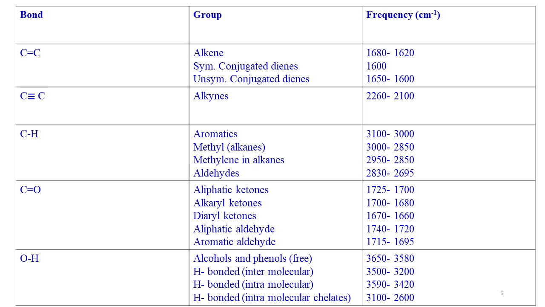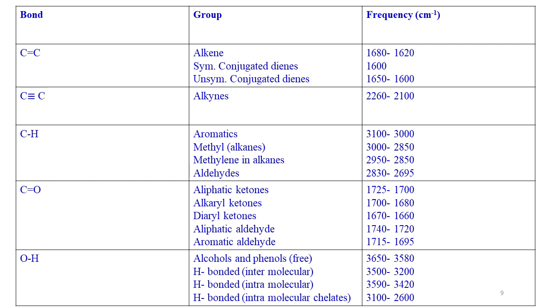In alkyl ketones, it is 1700 to 1680 per centimeter. In diaryl ketones, it is 1670 to 1660 per centimeter. And for aliphatic aldehyde, 1740 to 1720 per centimeter. And for aromatic aldehyde, the frequency range is 1715 to 1695 per centimeter.